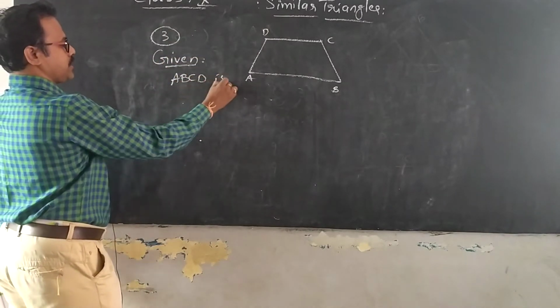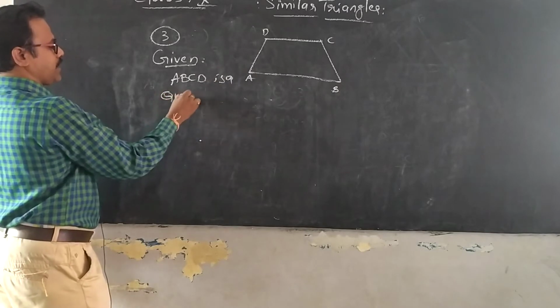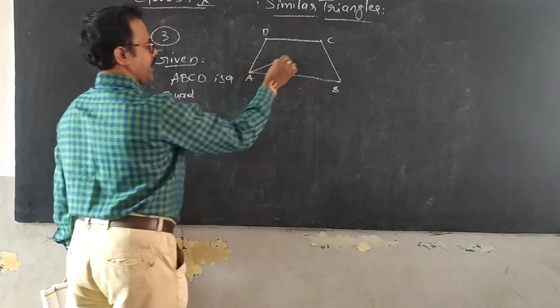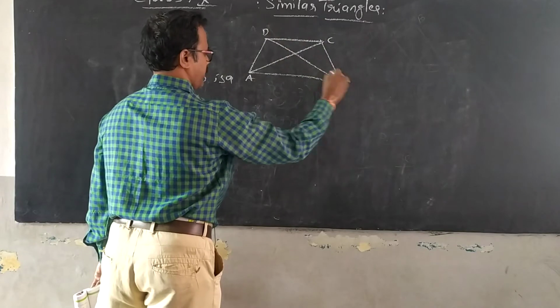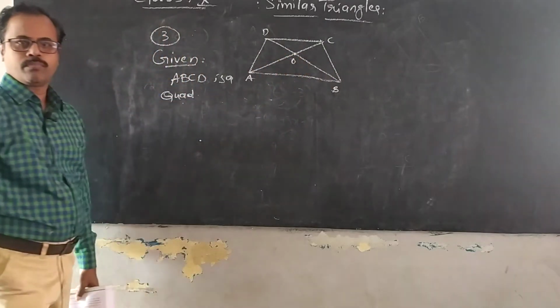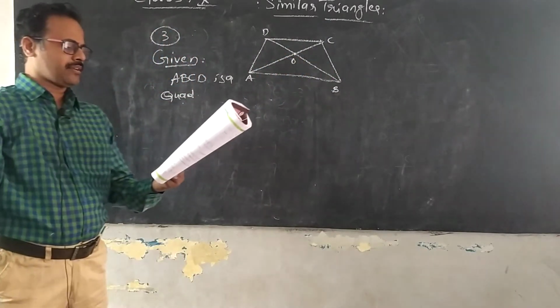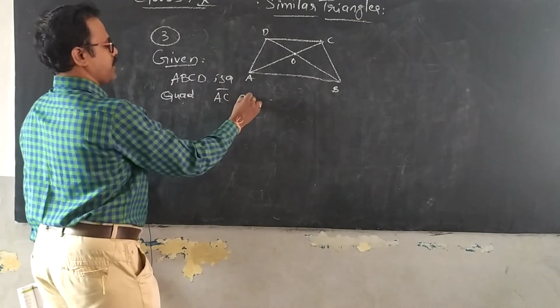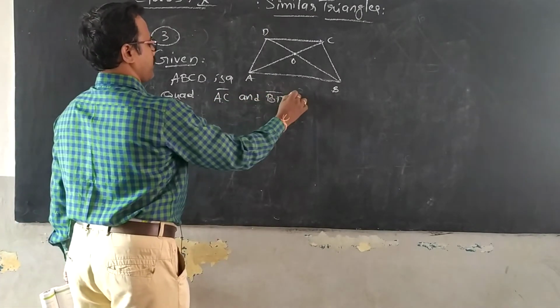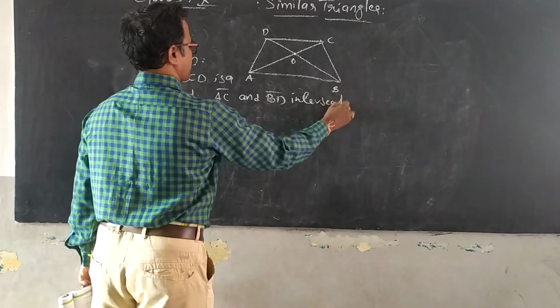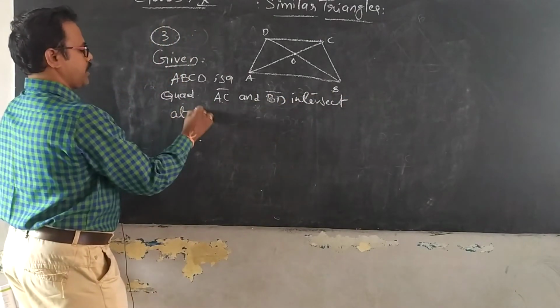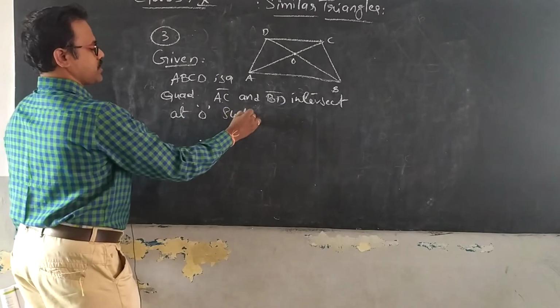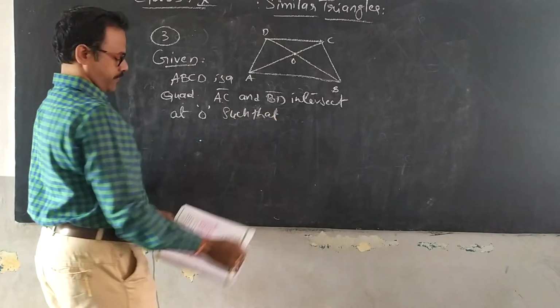Given ABCD is a quadrilateral. Okay, the diagonals AC and BD intersect at O, and one more thing is given there. AC line segment and BD line segment intersect at O such that the condition is most important, Nana.